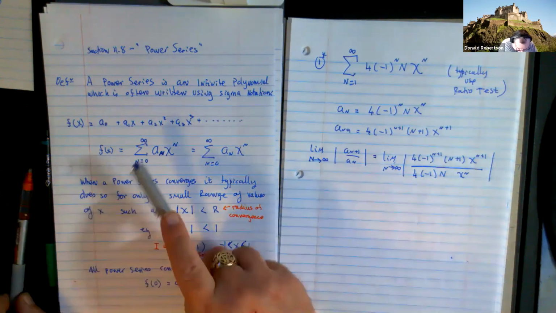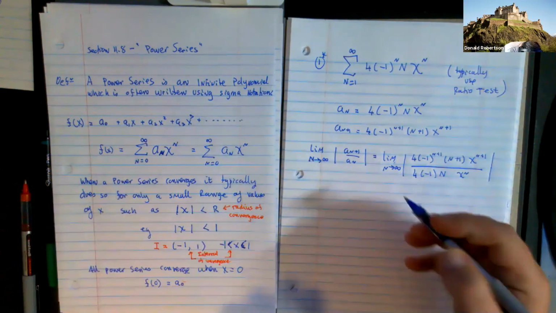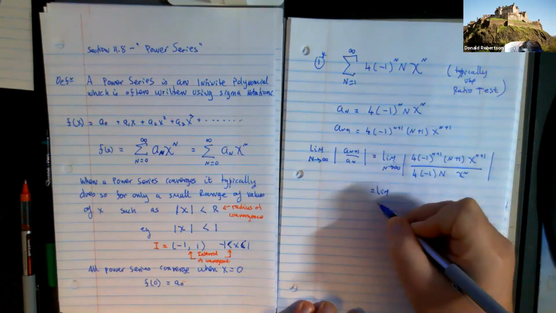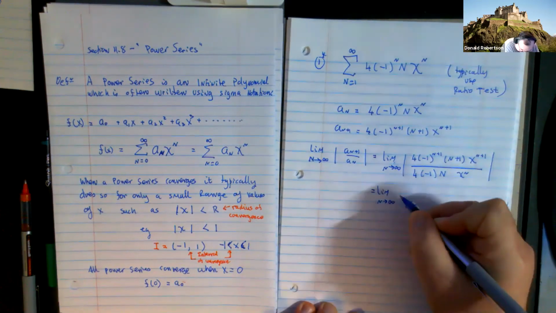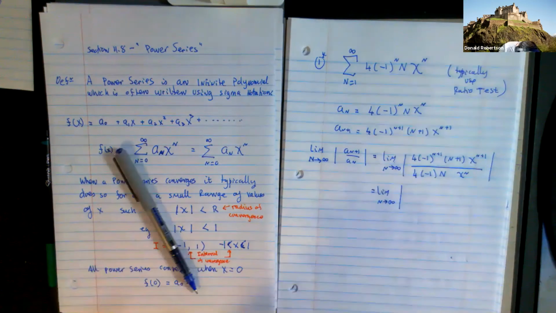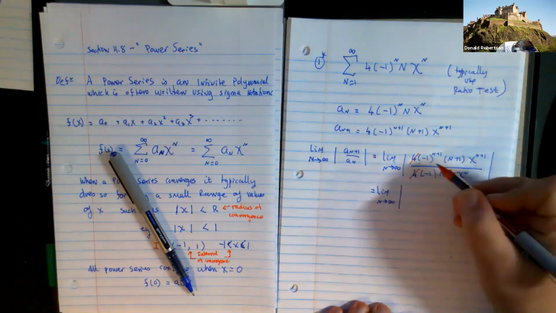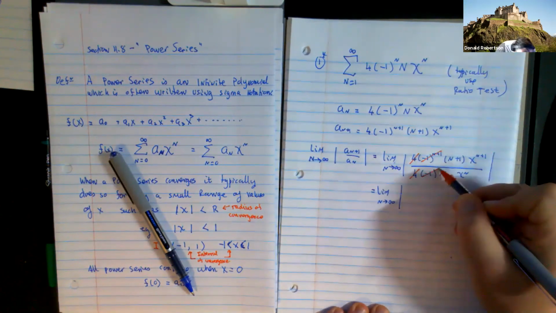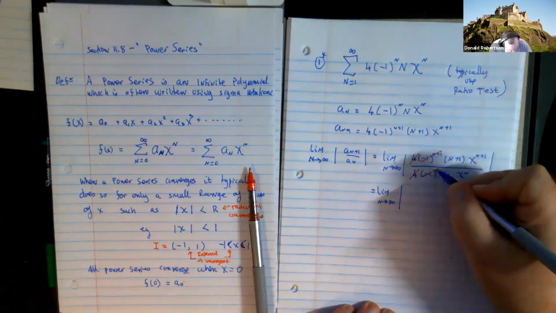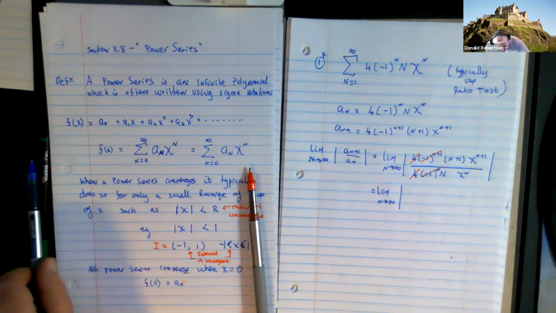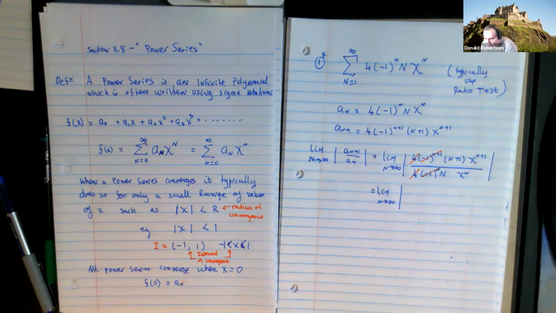Right, just like normal ratio test, we are going to start killing things off as best we can. Would you agree that those 4s kill each other off? Right, they cancel out. Don't the (-1)^n's and (-1)^(n+1)s and any other -1, don't they just get killed off by the absolute value?